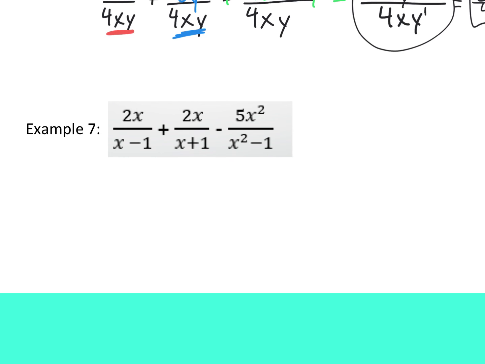Okay, what do we do first? What did you square root? The x squared minus 1. Okay, what did that become? Good, x minus 1, x plus 1. So your common denominator was what?